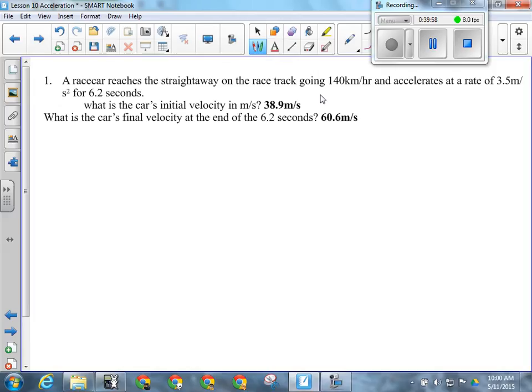If I want to convert 140 kilometers over hours, because that's what kilometers per hour is, into meters per second, I've got to convert both the kilometers to meters and the hours to seconds. So essentially we do two multiplications here. First, to convert kilometers to meters, I set up the conversion.